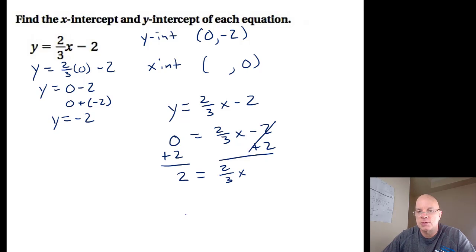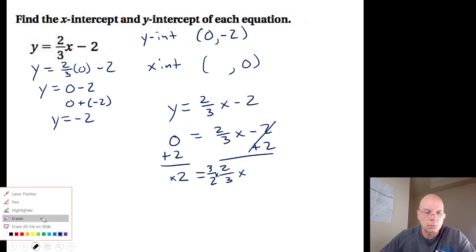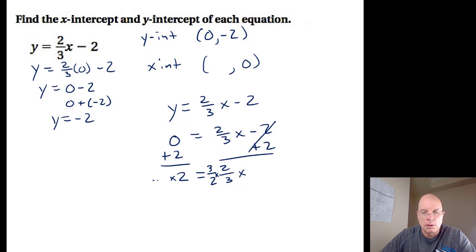Because the constant term is now 0, that's why we did that. I can make 2/3 x into 1x if I multiply by the reciprocal, which is 3/2. But I have to do that on both sides of the equation. That's the property of equality. Multiply both sides of the equation by 3/2.